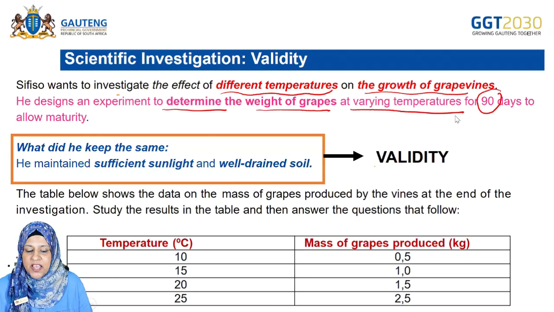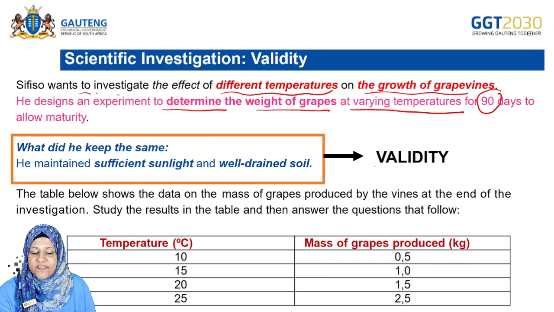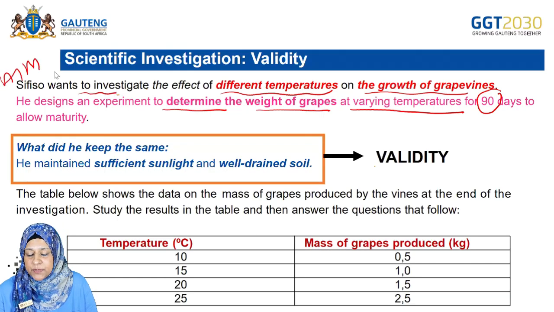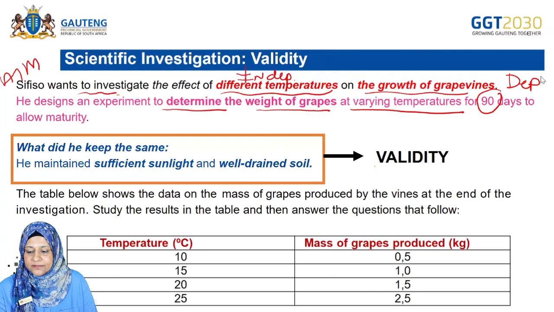So let's look at this firstly. We said that the aim is to investigate. It's telling us why we're doing the investigation. So that's our aim. And from the aim, we get our dependent and independent variables. We said the different temperatures is our independent variable, and the growth of the grapevine is our dependent variable.